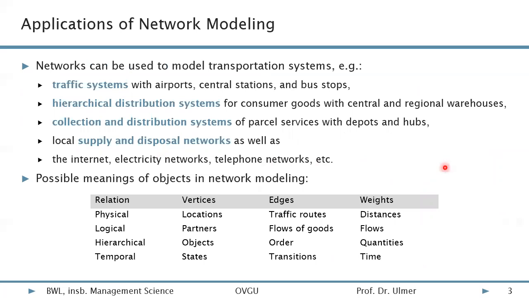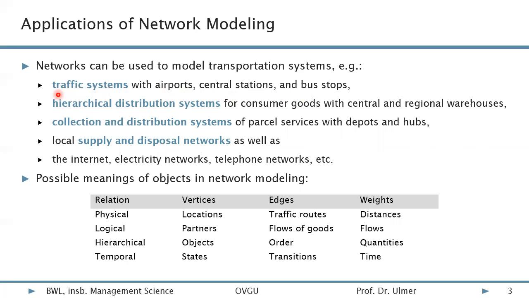So network modeling is not necessarily based or only for transportation. So many real-world problems can be modeled as network models, but especially in transportation, we have a direct connection. So if we have a road network and we have customers we need to deliver parcels to, we directly have a network problem we need to model via a network model. So some examples are traffic systems, airports, central stations, and bus stops.